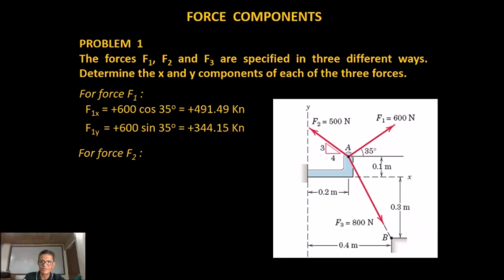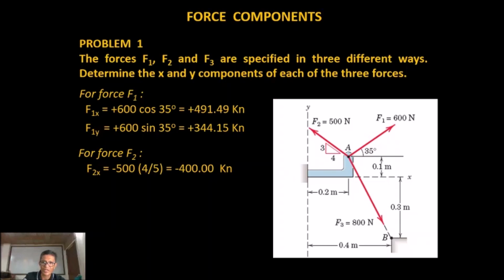Okay? So, for F2, saan directed yung F2? Upward to the left. So, the x component is negative while the y component is positive. So, we have F2x is equal to negative 500 multiplied by 4 over 5, and that is equal to negative 400 kilonewton. Now, ano yung 4 over 5?